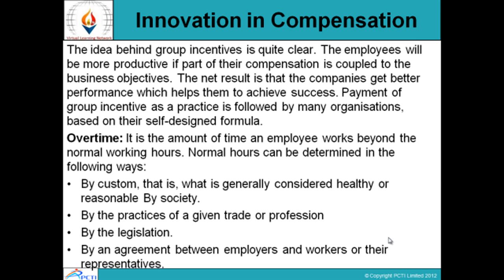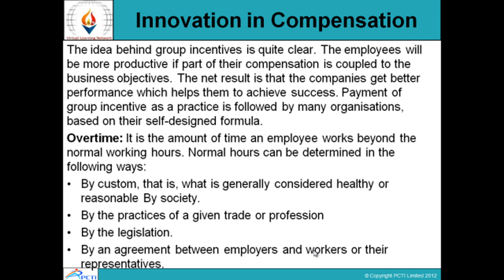The idea behind group incentive is quite clear. The employee will be more productive if part of their compensation is coupled to the business objective. The net result is that the companies get better performance, which helps them to achieve success. Payment of group incentive as a practice is followed by many organizations based on their self-designed formula.